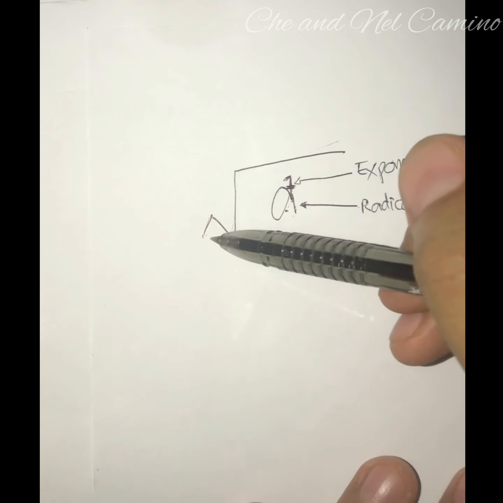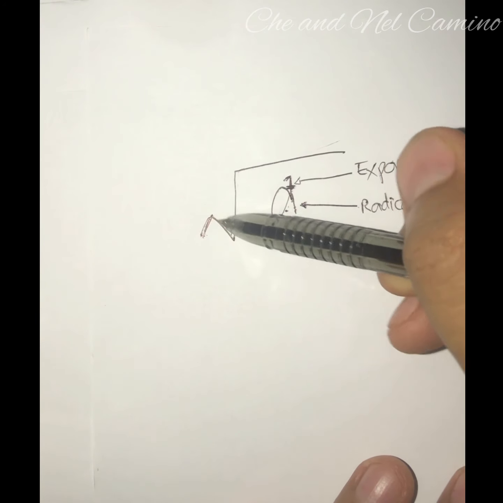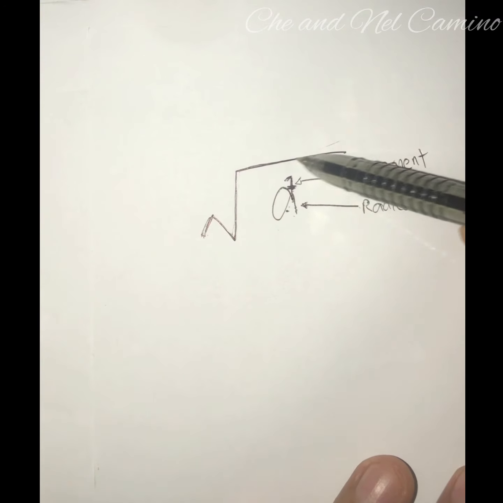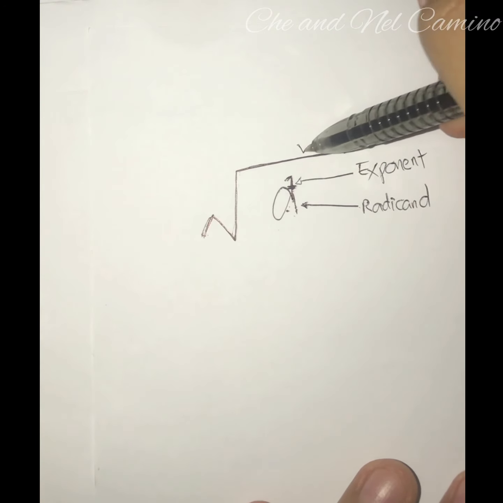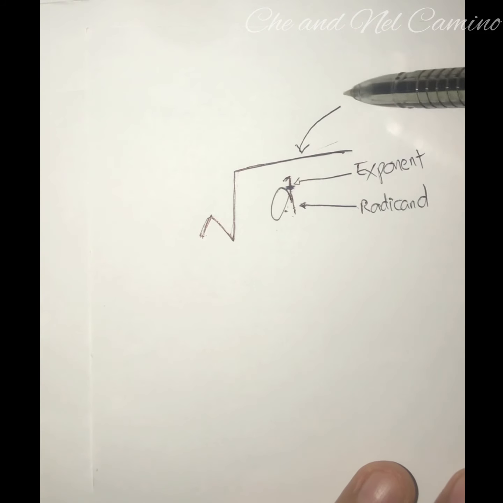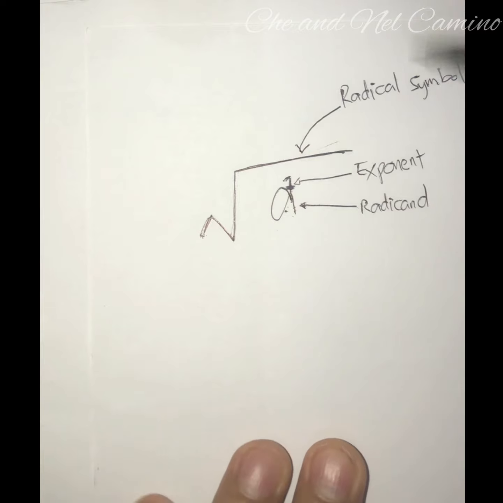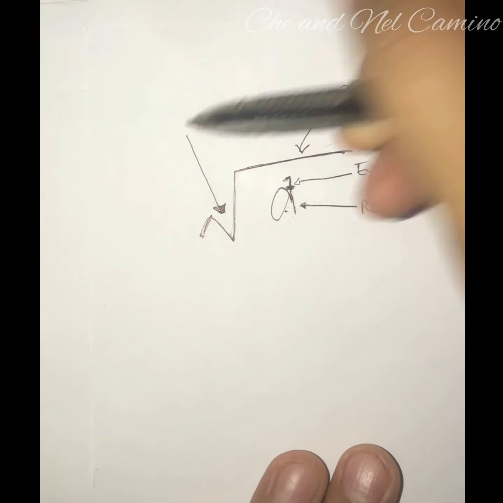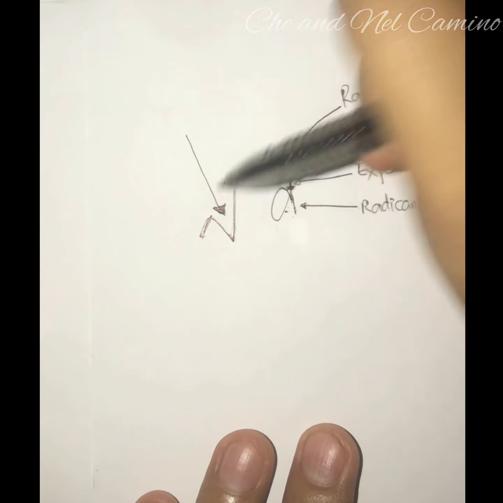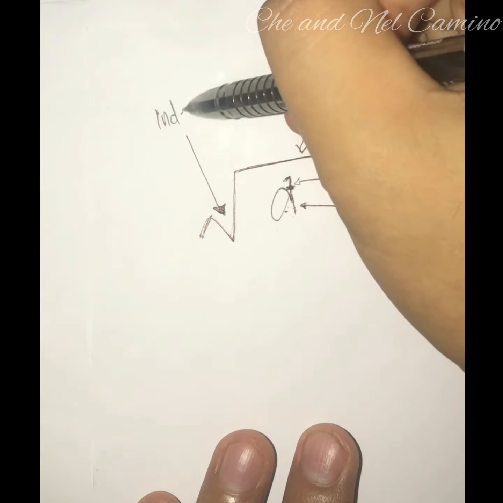And then the symbol here, this one, that is called radical symbol. And then this part here, that is our index.